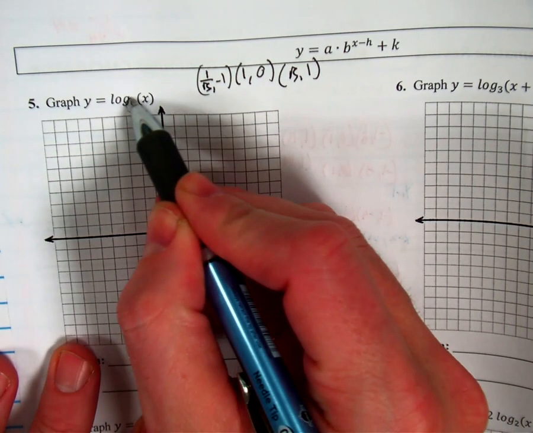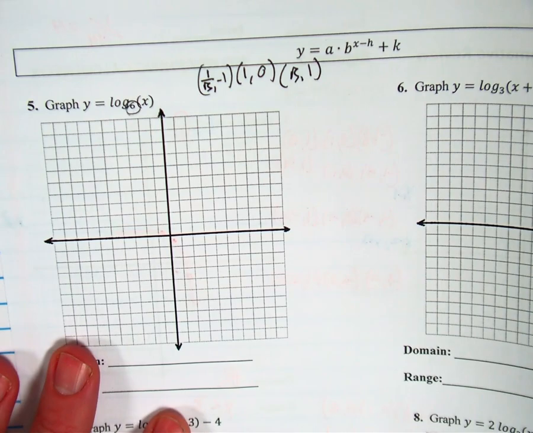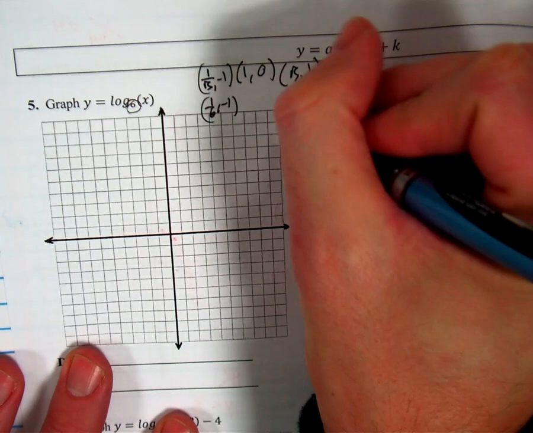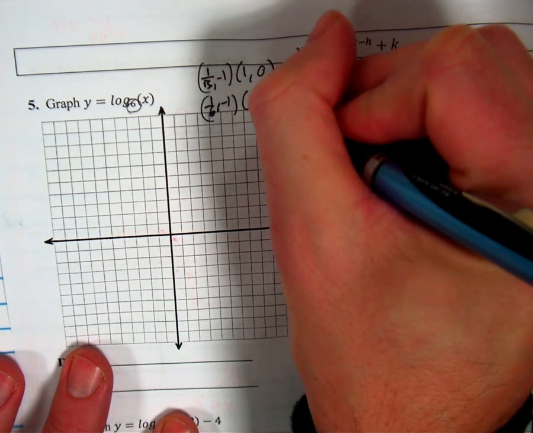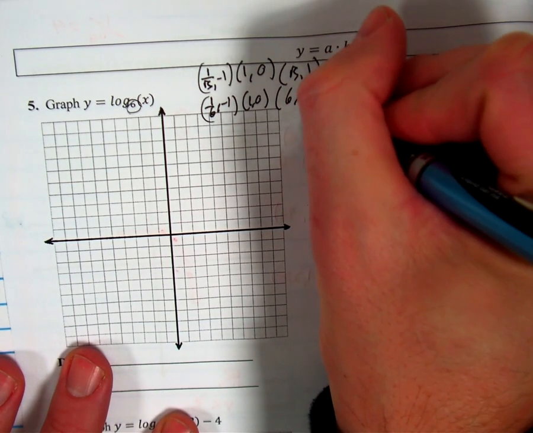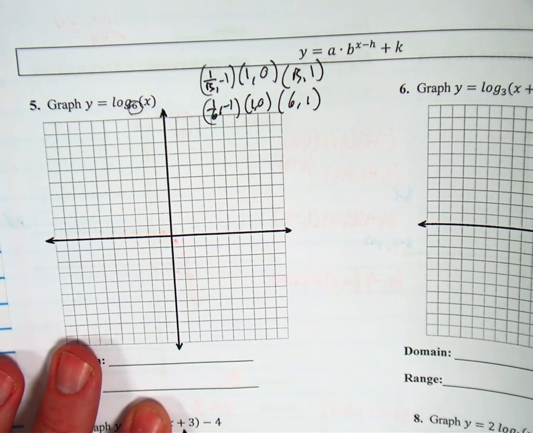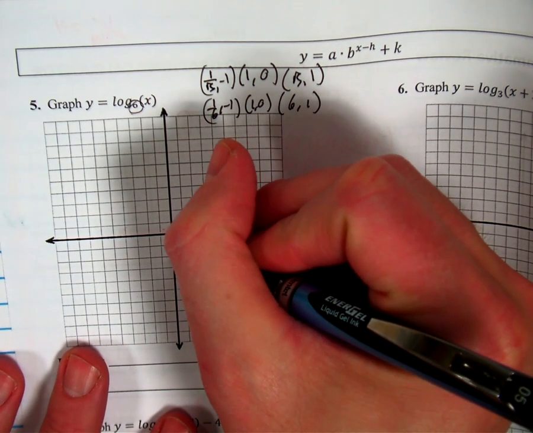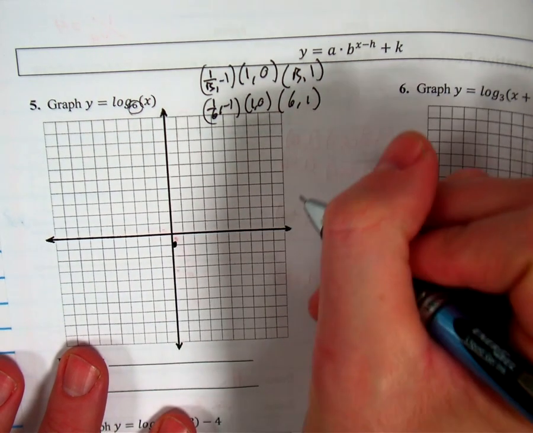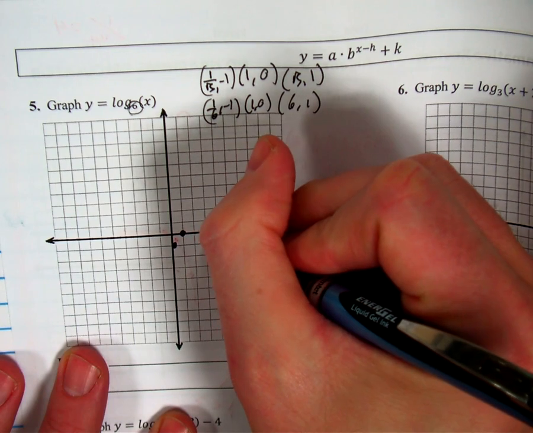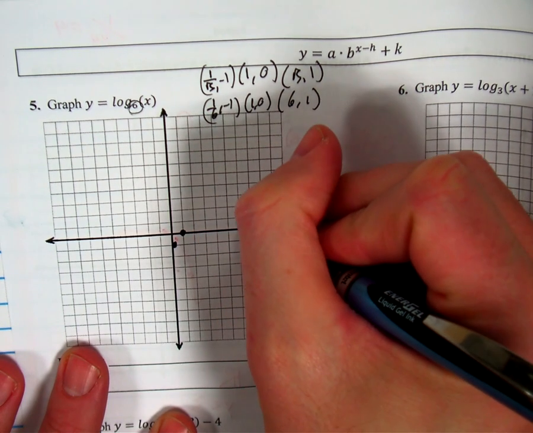And our b number is 6 in this problem. So we have 1/6, comma negative 1, 1, 0, and 6, 1. 1/6, so barely over any at all, negative 1. Then we have 1, comma 0, and then 2, 3, 4, 5, 6, comma 1.